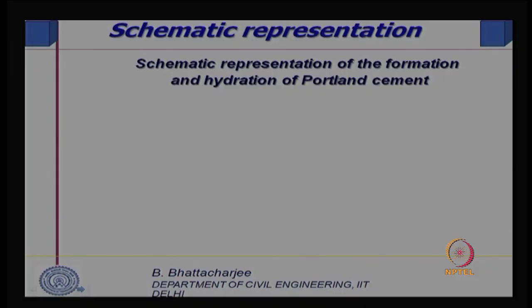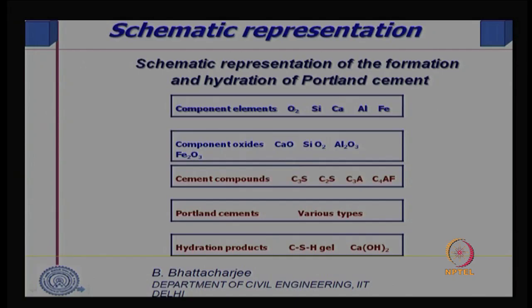Remember last time we looked into the schematic representation of the formation of hydration of Portland cement. We said that we start from the elements oxygen, silicon, calcium, aluminum and iron, which form oxides: calcium oxide, SiO2, silicon oxide, and aluminum oxide, that is silica and alumina, and iron oxide.